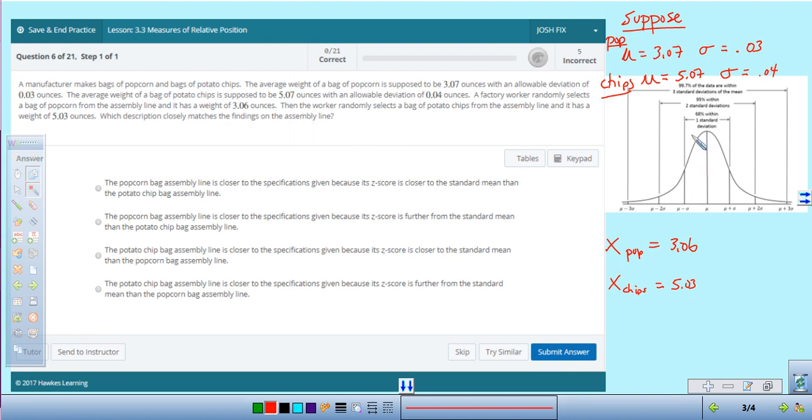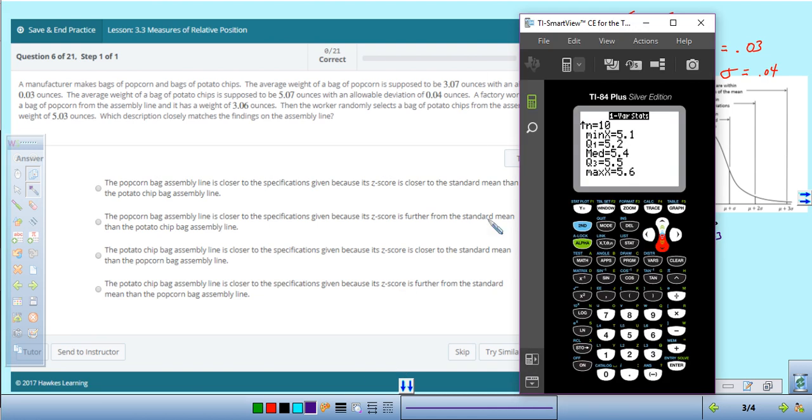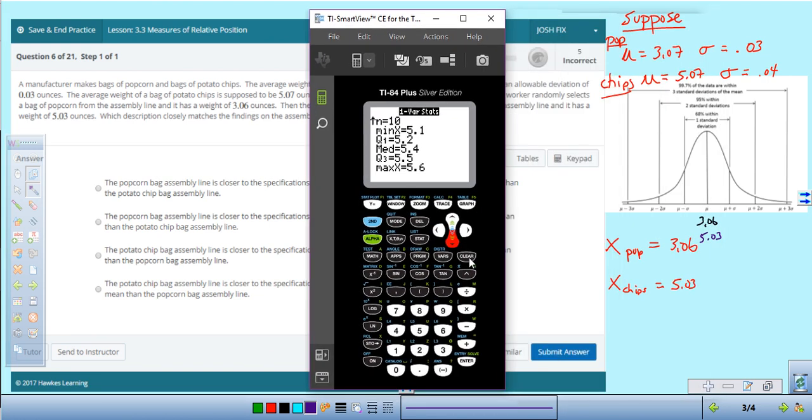So when we think about it on this normal distribution curve, remember that your mean is right smack in the middle. So we have a mean of 3.06, and I'll change colors so we can compare the two, 5.03. And if we go up one standard deviation, 3.06 plus our standard deviation of 0.03, one standard deviation would be 3.09.